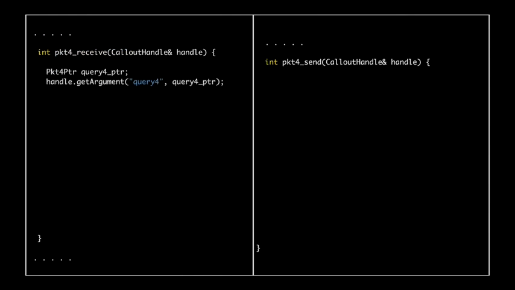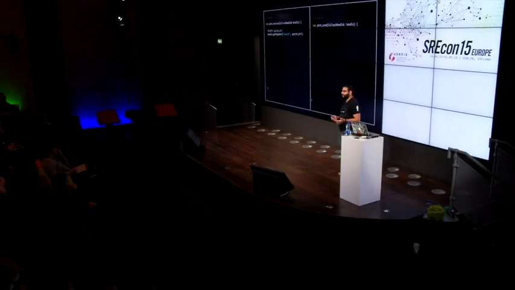In the receive part, you can just use the handle object to get the incoming query packet, and you get back an object which exposes a lot of methods to extract all the options you need from the packet. In this case, I need the MAC address. There it is. Then this is some pseudocode to simulate me making a call to the internal system to get host info.